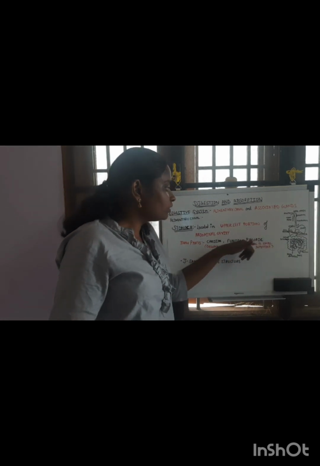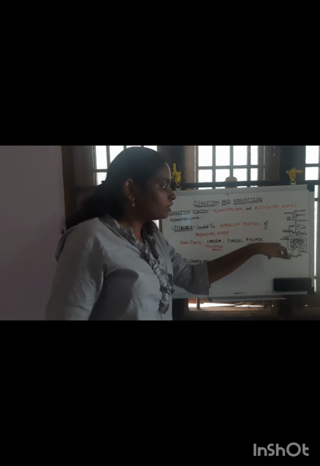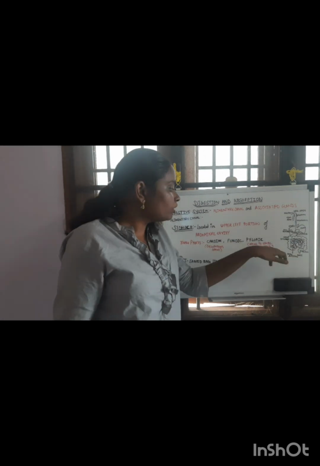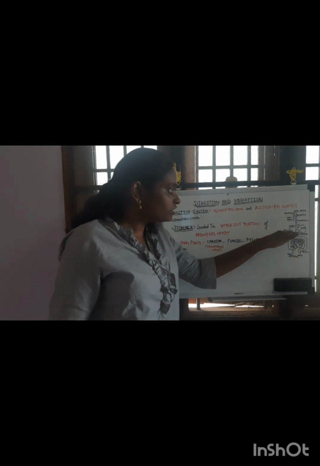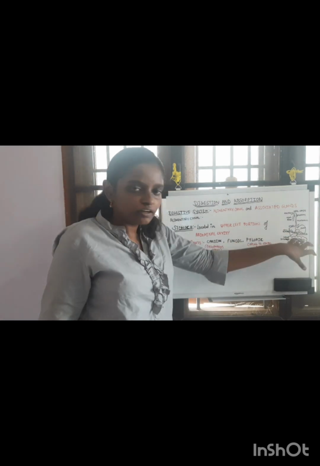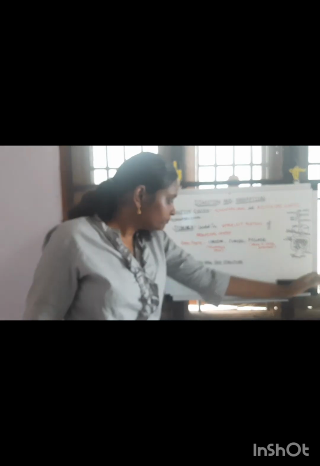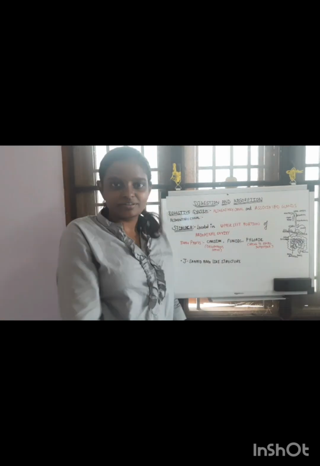And pyloric is the region where the stomach gives way to the small intestine. So near the small intestine, the pyloric region is present, and in the center of the stomach is the body of the stomach. It is the fourth part of the stomach, right? So these are all about the stomach.